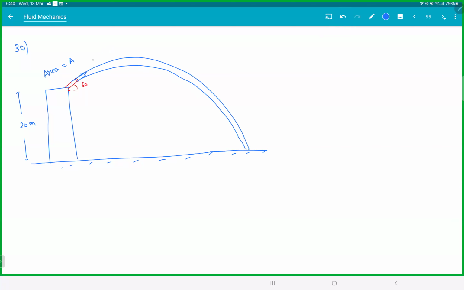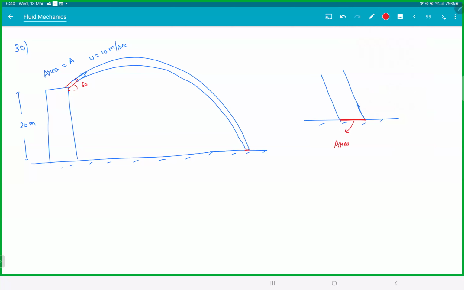It's projected with 10 meters per second. So when it hits the floor, this is how it looks. So this is the area where the water jet hits the floor.